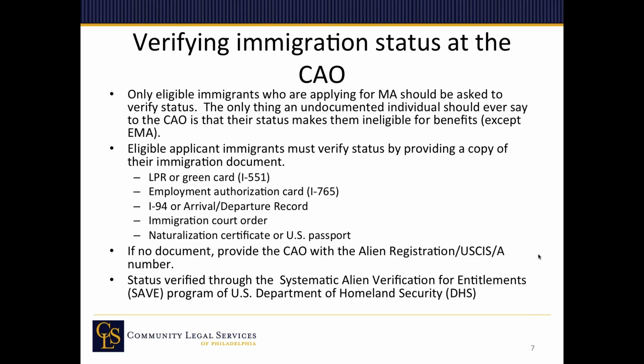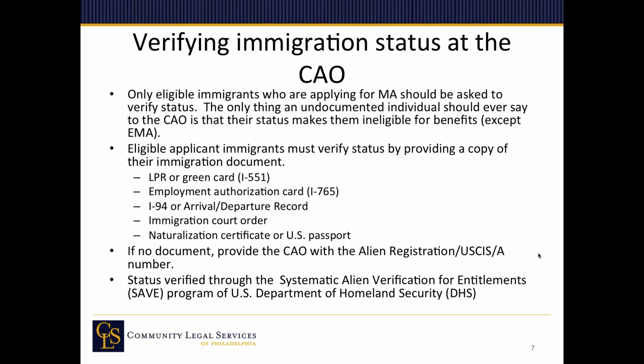Unfortunately, in those situations, I think the only thing to do is to submit a FOIA request to USCIS for their copies, for the federal immigration officials' copies of the immigration documents for your client.